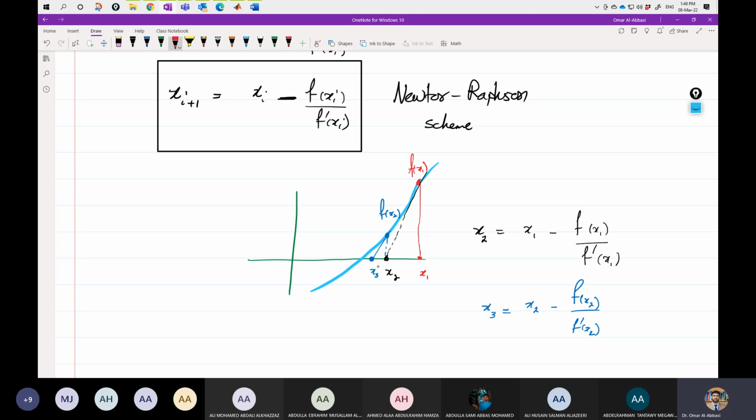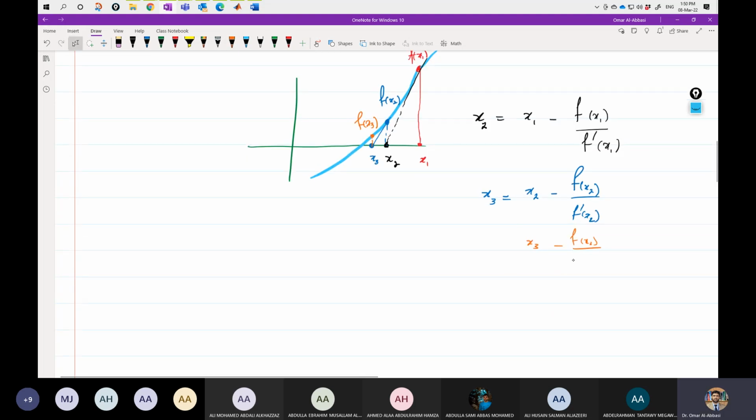No. Still, the difference between the function and 0 is quite large. So what shall we do? Let's go over there and at x3, minus f at x3 divided by f prime at x3.